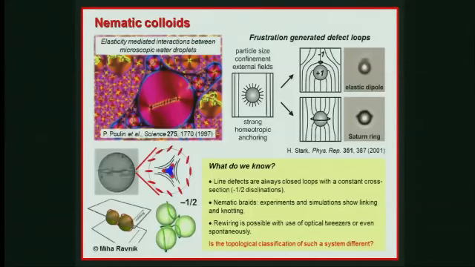And we have seen that we can make nematic braids out of such loops, so they can spread around many particles, and it's possible to rewire such defect lines by optical tweezers, or they can do this sometimes spontaneously. So there is a question of whether we can do a topological classification of such a restricted system and how it is different from what is already known.